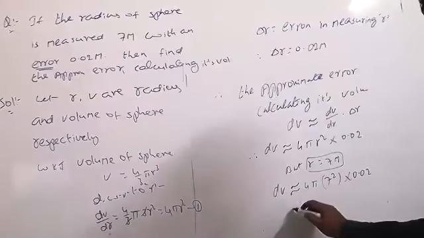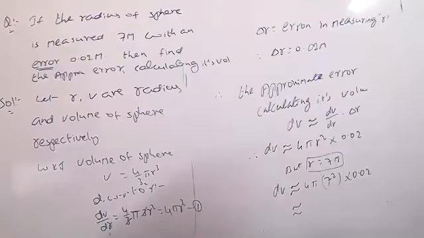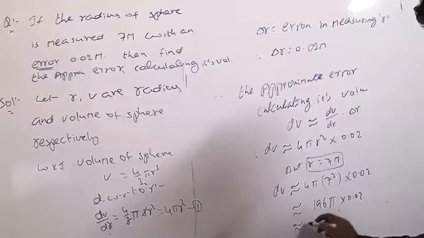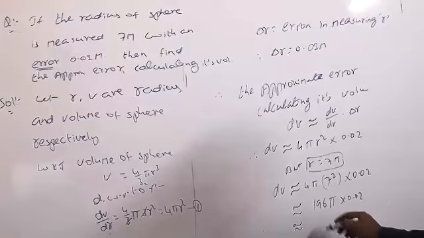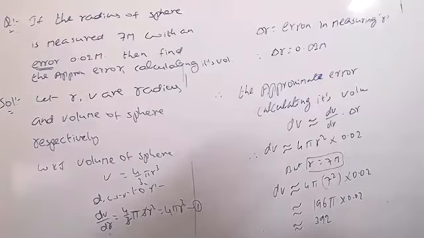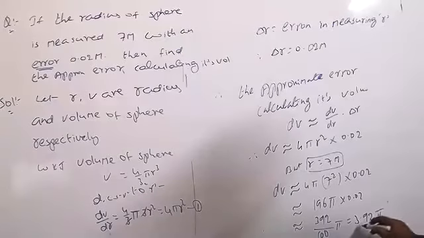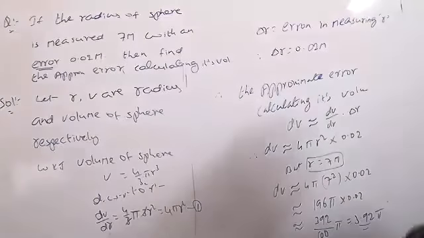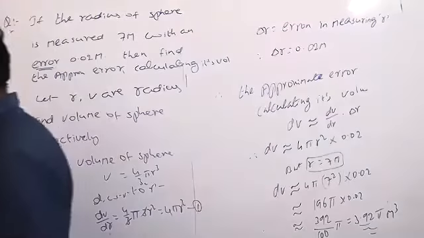Simplify: 7 square means 49, and 4 into 49 is 196. So 196 pi into 0.02, which is 392 by 100 pi, equal to 3.92 pi meter cube. The volume is in meter cube.